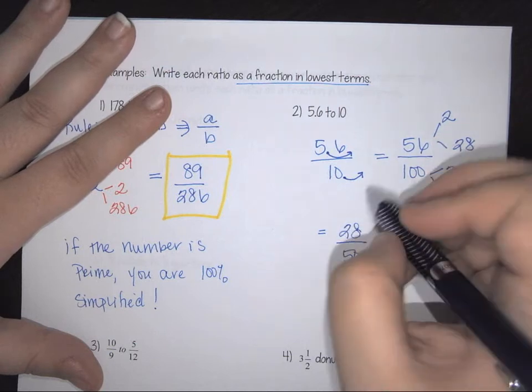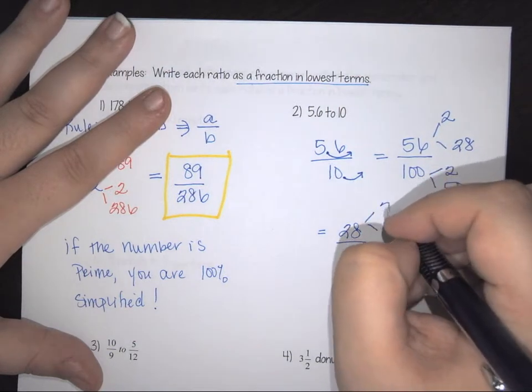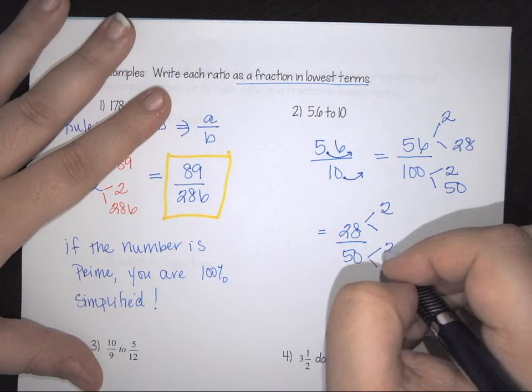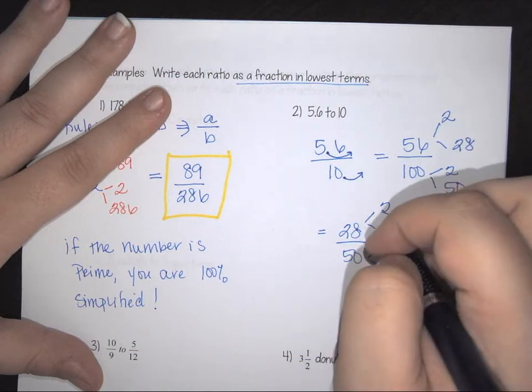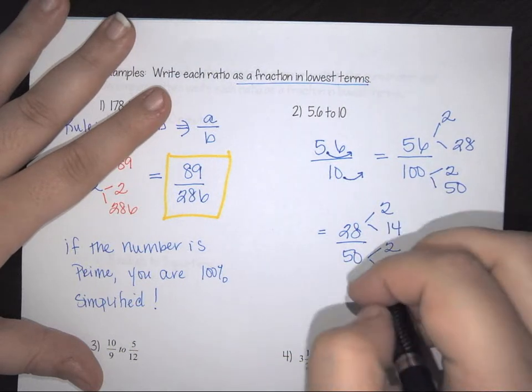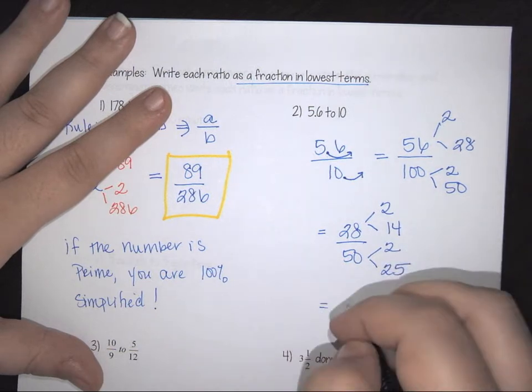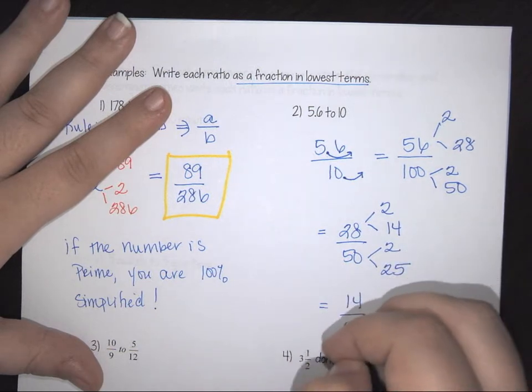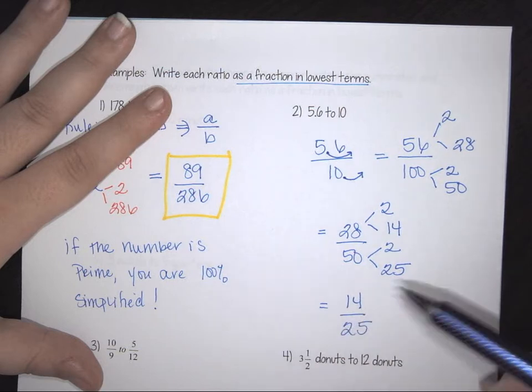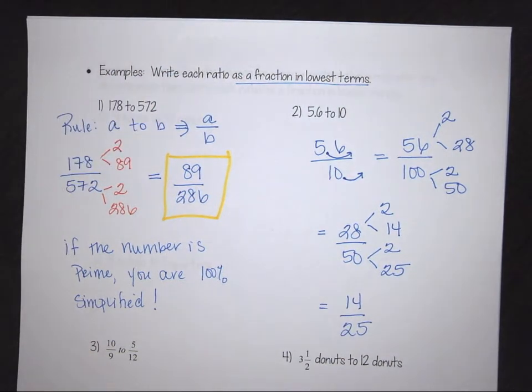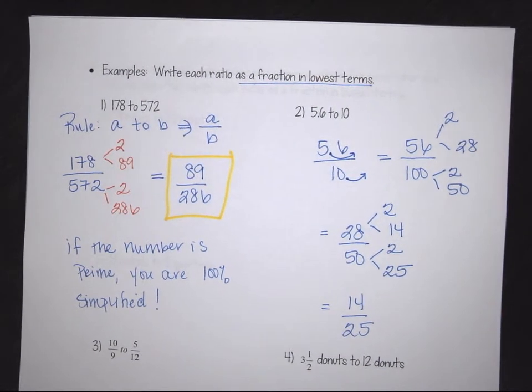Again, both of these are even, so we can pull a 2 out. A 2 out of 28 gives you 14. A 2 out of 50 becomes 25. So this is going to leave us with 14 over 25. There is nothing else in common between those two, therefore that is our most simplified form.